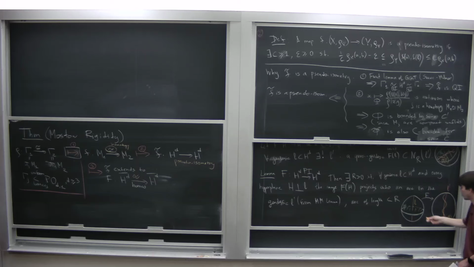And this green hyperplane H, its image is going to be also something curved. This is denoted by F of H.